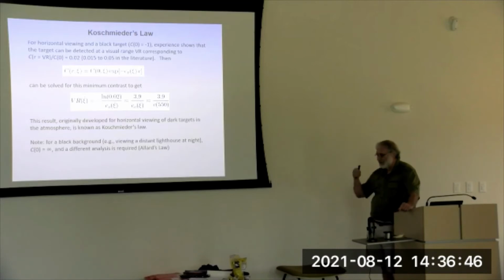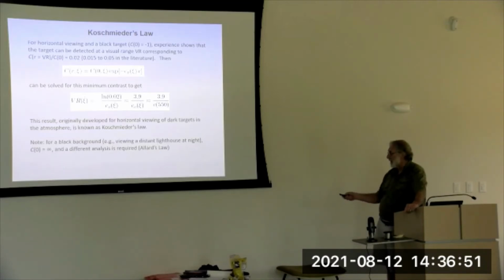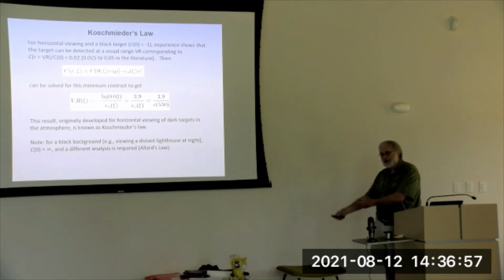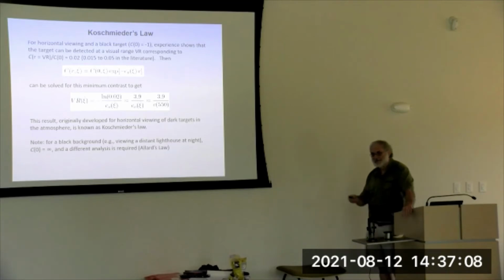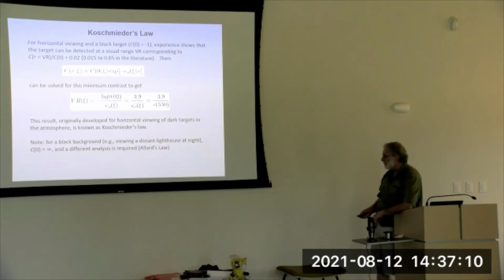So you can go out and look at the bottom of the water off of the pier here and see at what depth you can no longer see a rock or something on the bottom next to the mud in the background. And when that disappears, you can say, well, take 4 times that depth, and that's about what beam c at 550 does. Just a little rule of thumb.